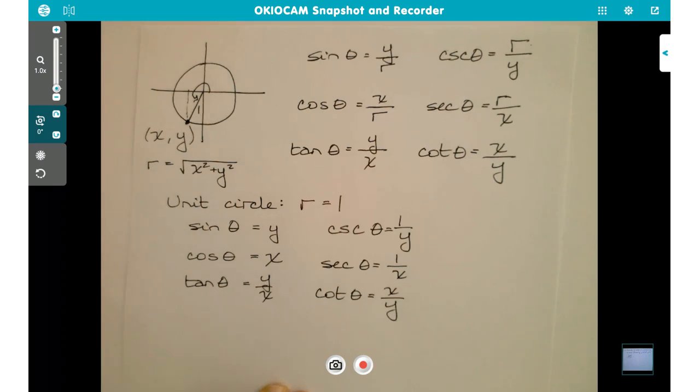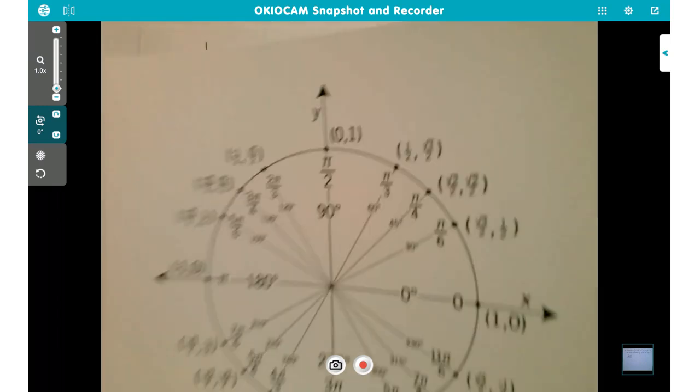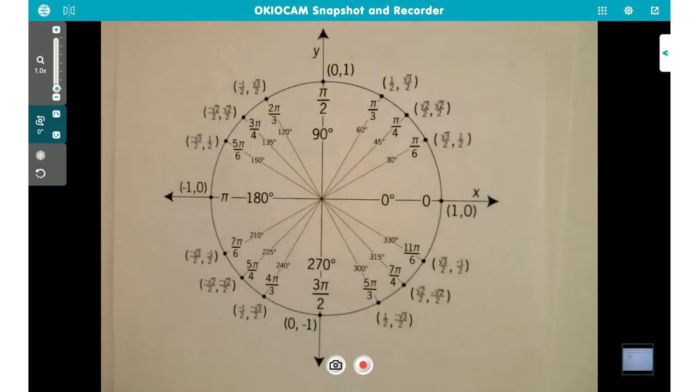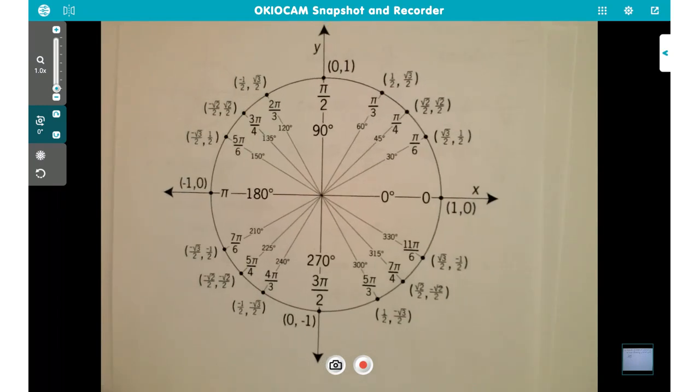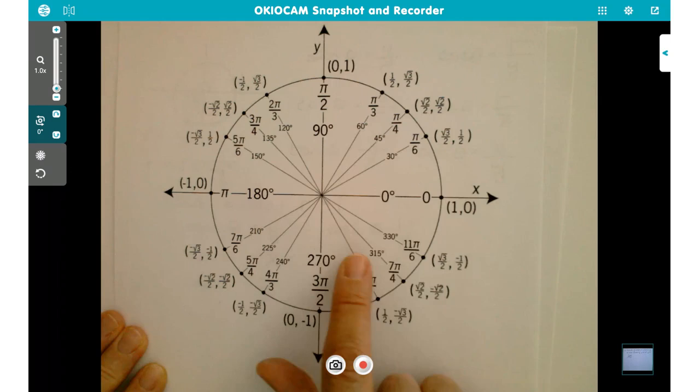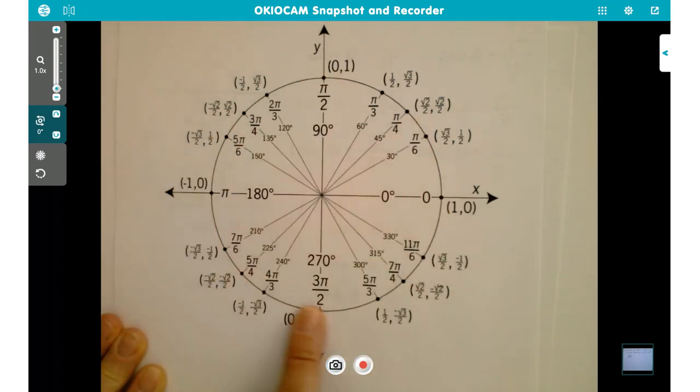So for those special angles, the pi over 3s, the pi over 4s, the pi over 6s, we can look at where those terminal sides cross the unit circle and just write them down and have them for easy reference. So I have points on the unit circle.